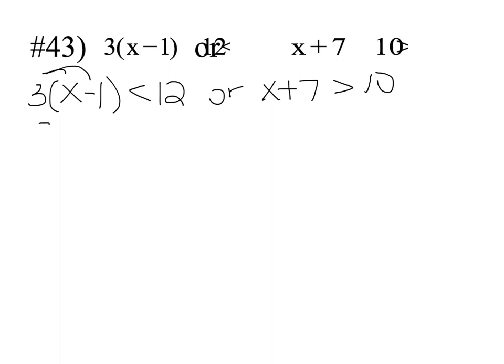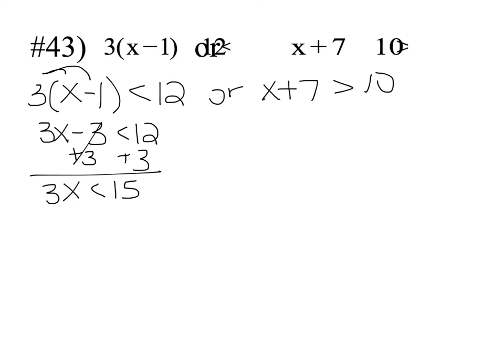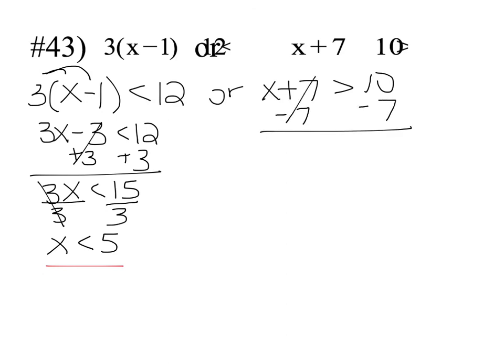We're going to distribute the 3, which gives me 3x minus 3 is less than 12. We'll add 3 to both sides, giving us 3x is less than 15. Divide both sides by 3. We do not need to flip the sign because we're dividing by a positive number. This one's going to be our red. Then over here we're going to subtract 7 from both sides, giving us x is greater than 3.